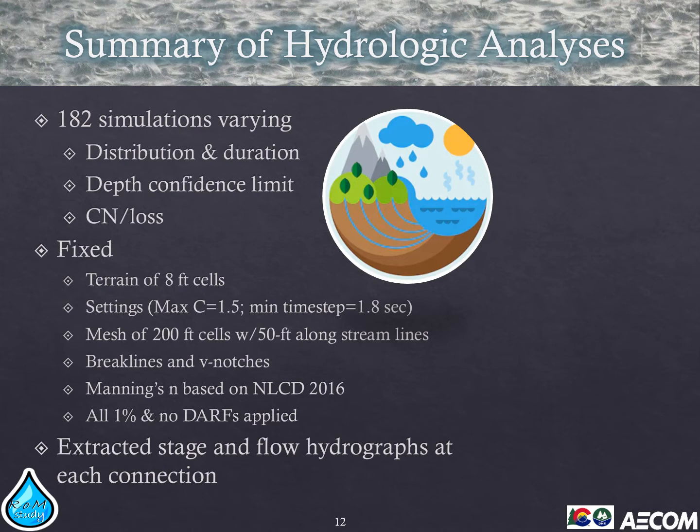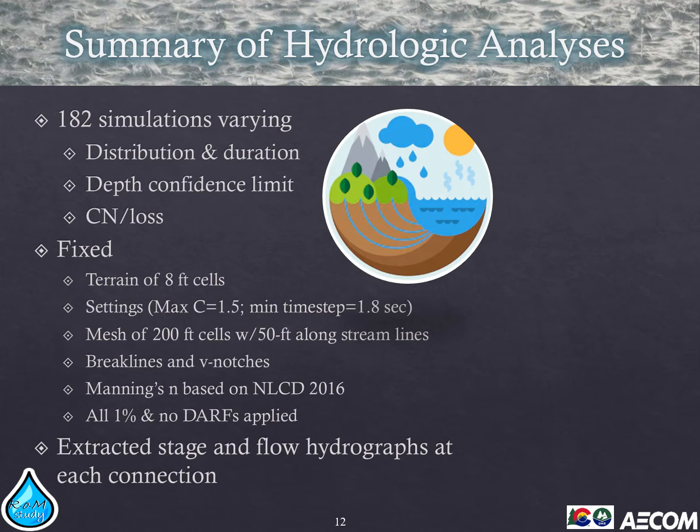So we looked at SCS Type 2, different NOAA distributions, and a nested distribution as well, and durations anywhere from a half hour up to 24 hours. We also looked at the depth confidence limit. Typically studies are done using the median, or the 50%, but we looked anywhere between the 10% to the 90%, and then we also varied the curve number. Usually antecedent moisture condition 2 is used, that's the average, but we looked at anywhere from 1 to 3.